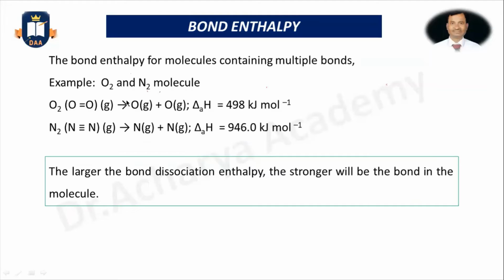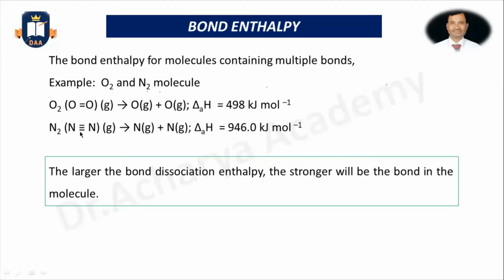Another example we will see is with multiple bonds, because for the hydrogen molecule we have seen one single bond. Now for multiple bonds, we will consider oxygen. Oxygen has a double bond. In this case, the bond enthalpy is 498 kilojoule per mole. And the nitrogen molecule has a triple bond.